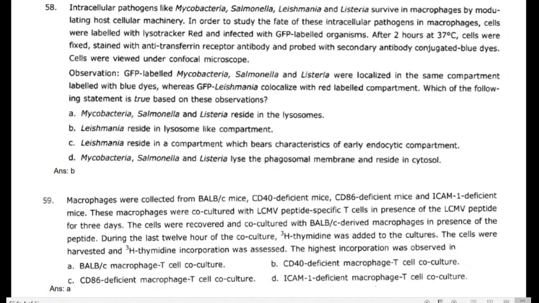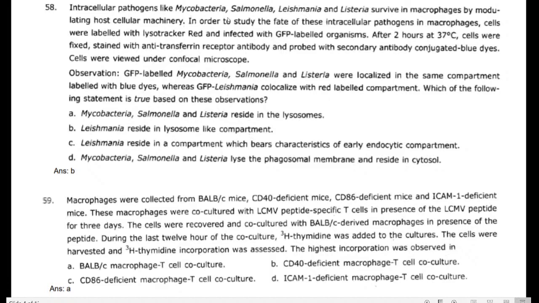Here they mention LysoTracker Red, which means the red dye passes into the lysosome. If the cell absorbs the red compound, that allows the compound into the lysosome. So they mention that it resides in a lysosome-like compartment.